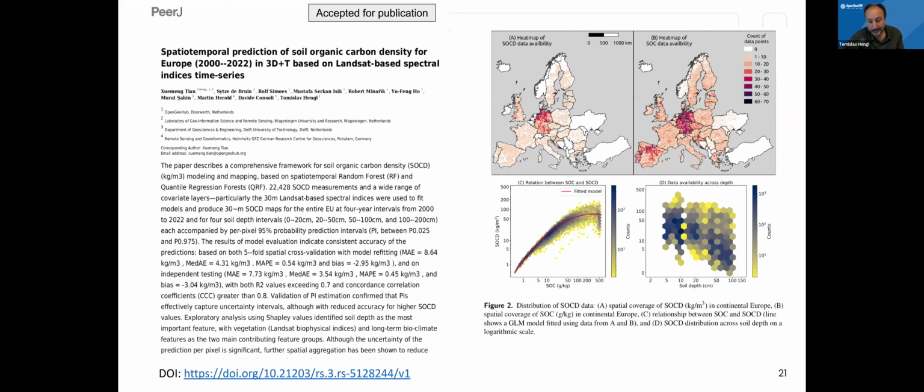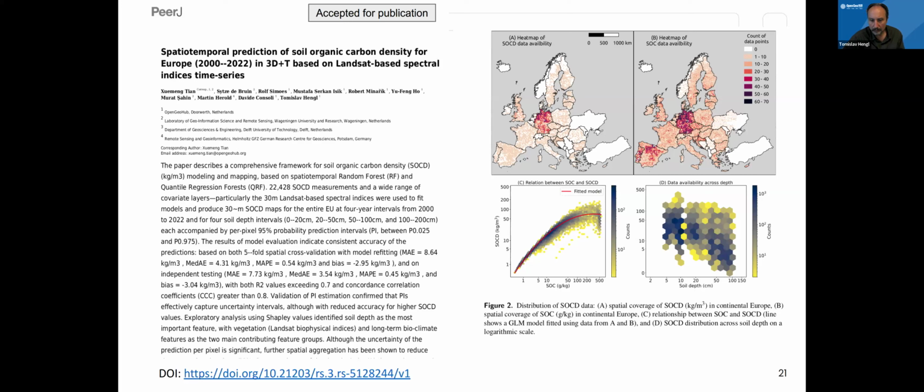And we've been building this soil health data cube component by component, and just to show you everything we build, we document and we put it in a peer review. So this is one publication accepted for publication, which will appear soon in the literature, and shows how we produce the soil carbon density through time.